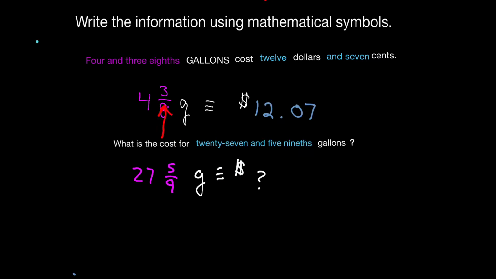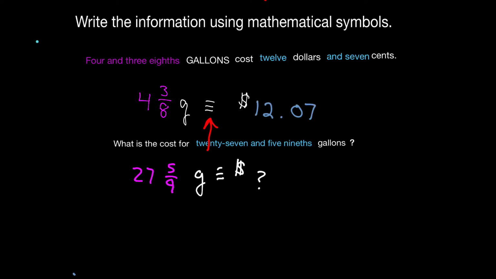Now look at the information and compare it to the question. What's the difference between the information and the question? The difference is we have 4 3/8 here, and we want to get a new equivalent statement that's true for 27 5/9. So what we need to do is divide this with 4 3/8 and divide this with 4 3/8 to find out what 1 gallon is.